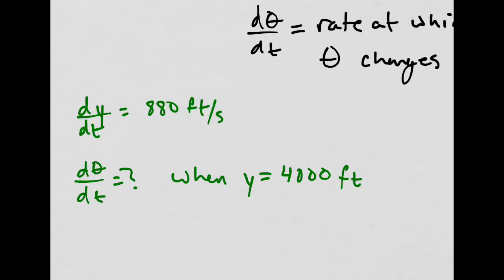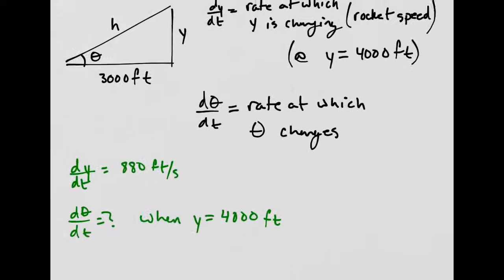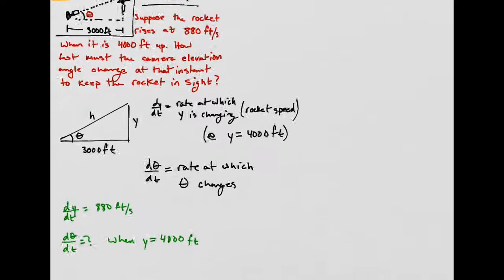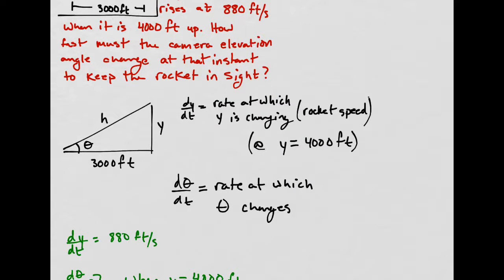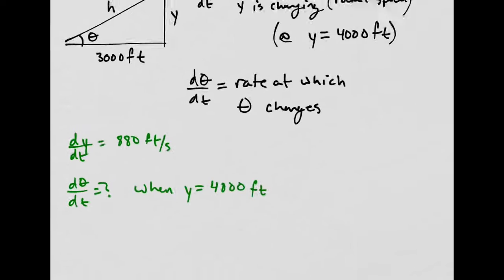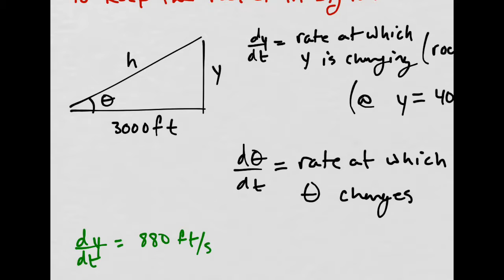Okay. So remember, all those steps stay the same. Write out what the rates mean. We actually don't even need h right now, right? Because we're asked for just d theta/dt. So how can we relate theta and y? Well, this is a right triangle, so I can just use my tangent function.